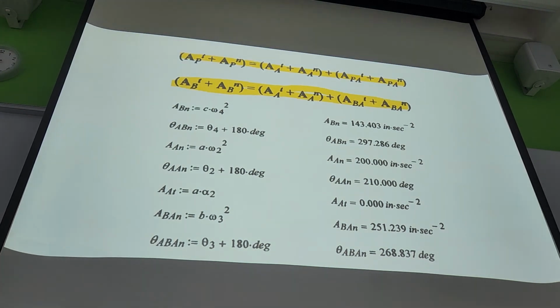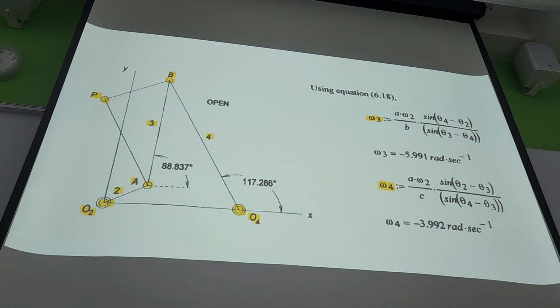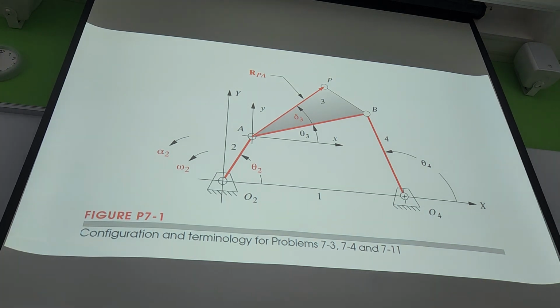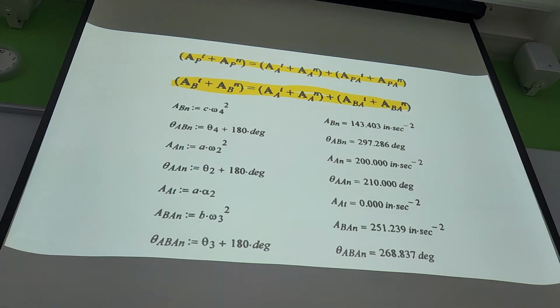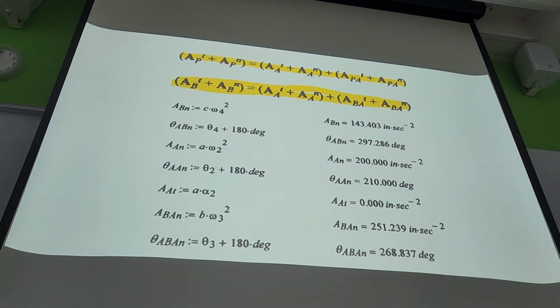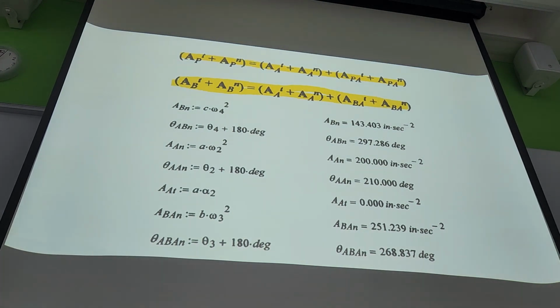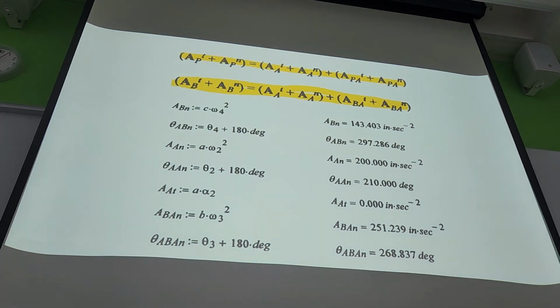From the dimensions given, the direction of BA normal will be from B to A. Now from omega 3 and omega 4, we calculate all these values. The guiding equation is the relative acceleration equation.